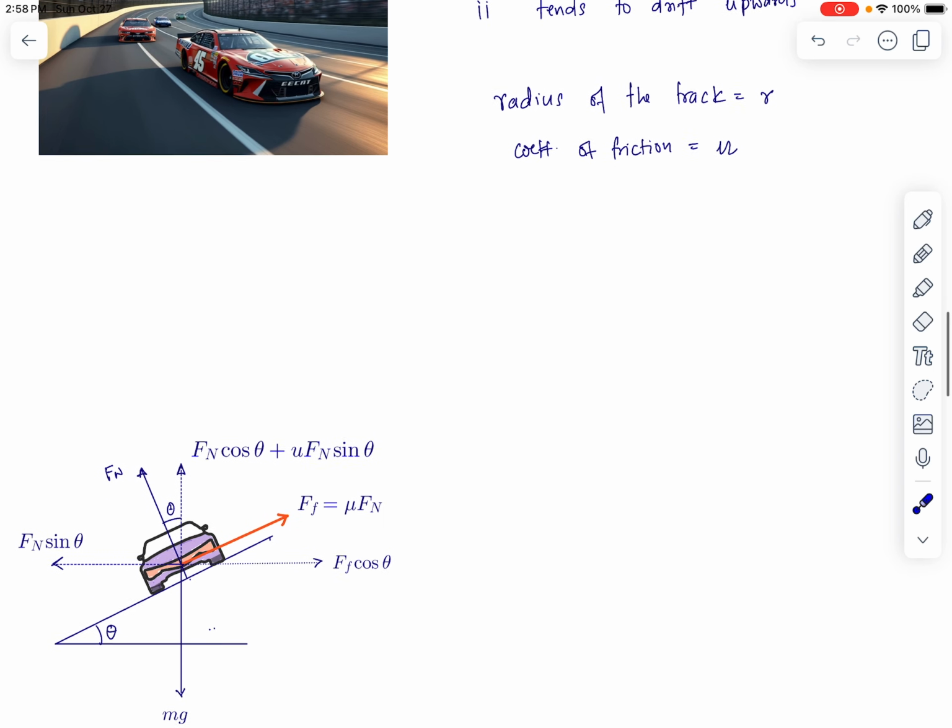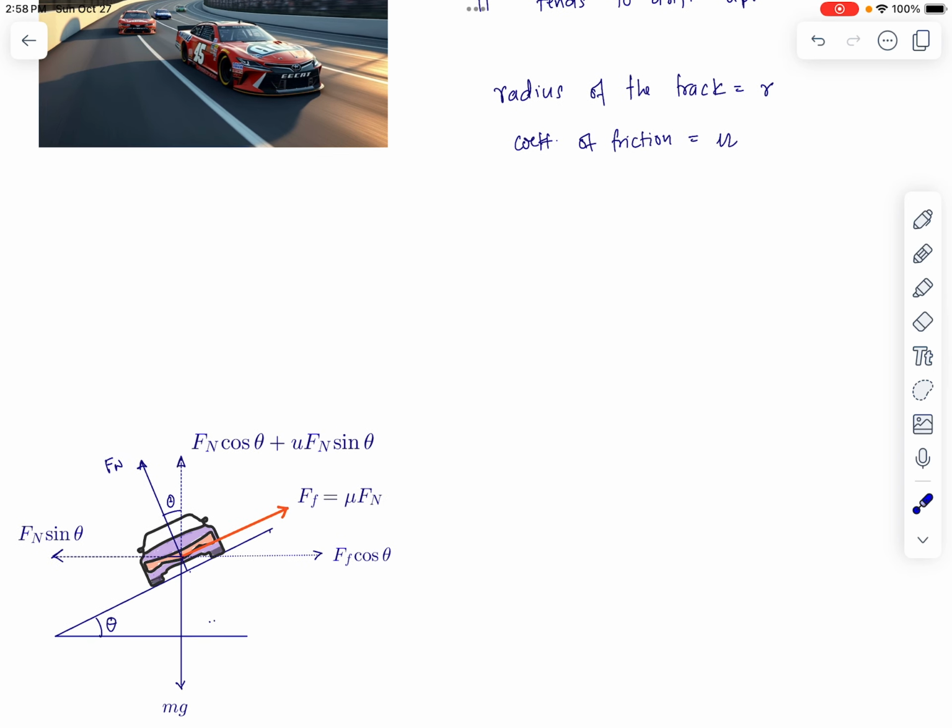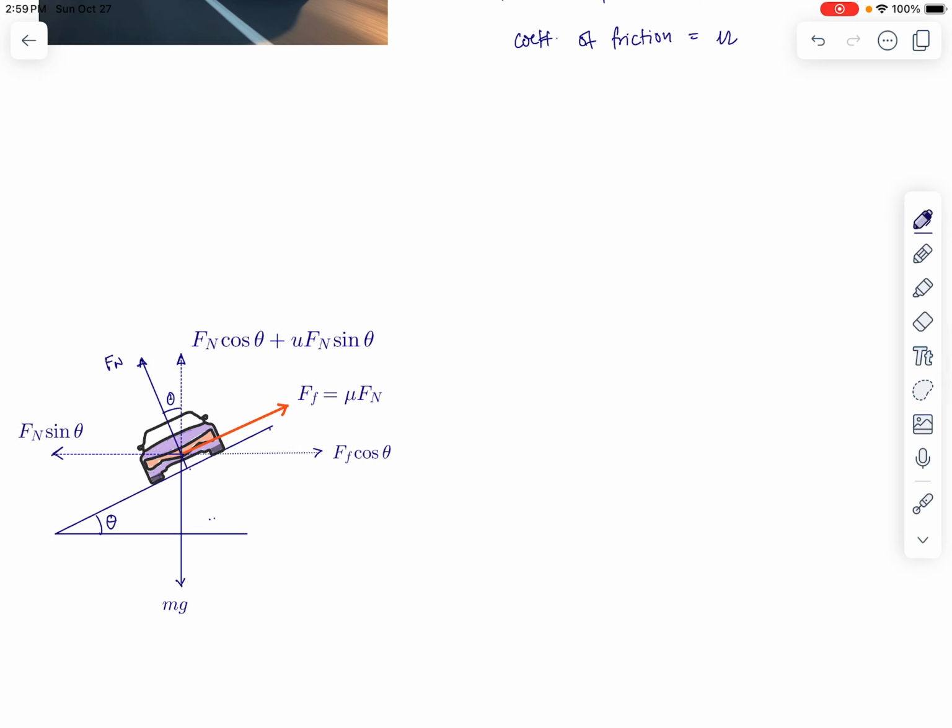So let's take a look at the forces. In this particular case, the weight is acting straight down. Since the car is thought of as tending to slip down, the friction force tends to oppose that.